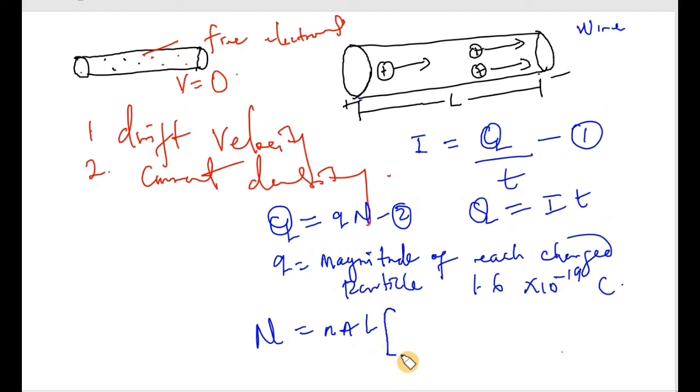How did we get this? Suppose there are n charges per unit volume.